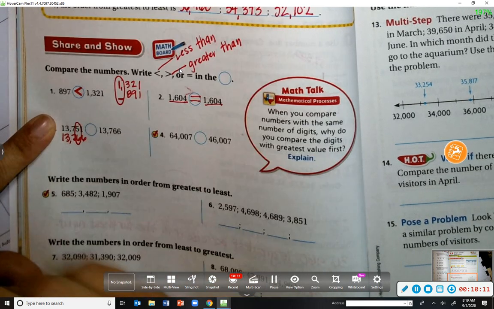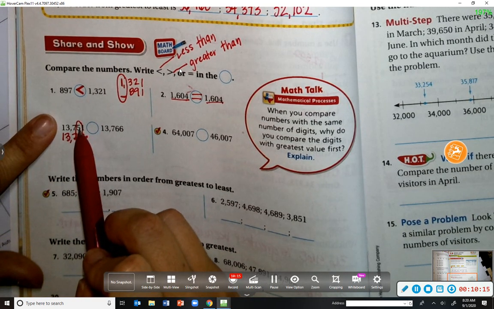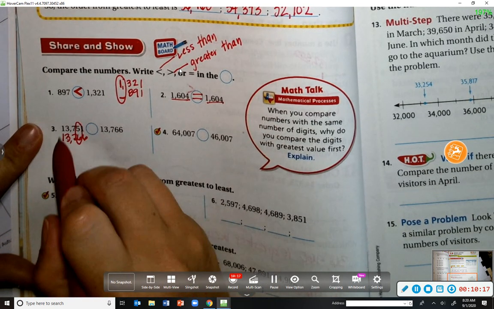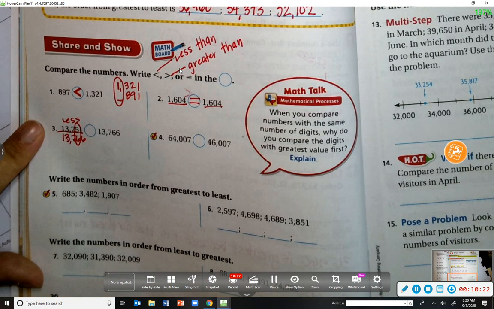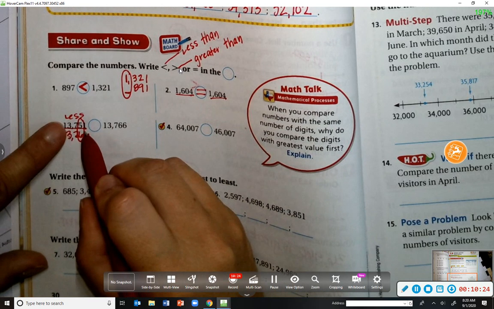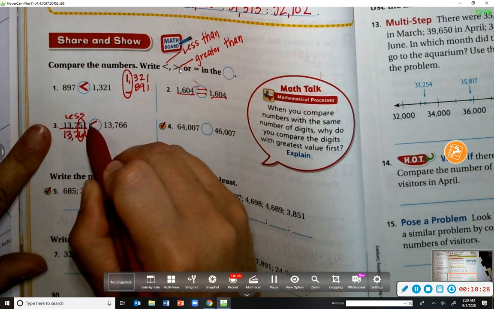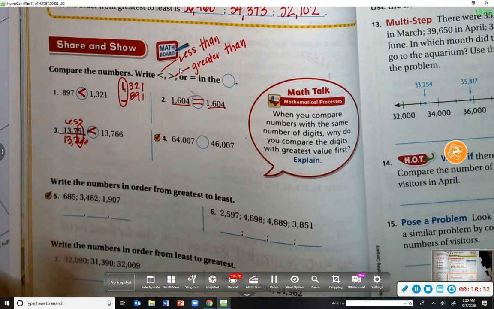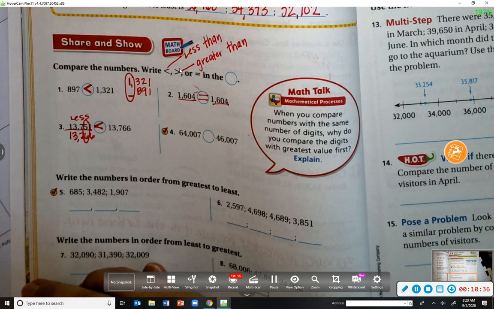Now I have two numbers that I can compare, a 5 and a 6. Well, 5 is less than 6, so that means this number is less, 13,751. So since this one's less, we want to make sure that the symbol, the pointy side, is going towards the smaller number. The open side goes towards the bigger number.